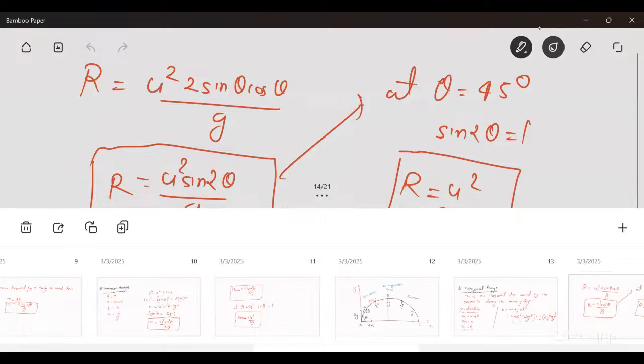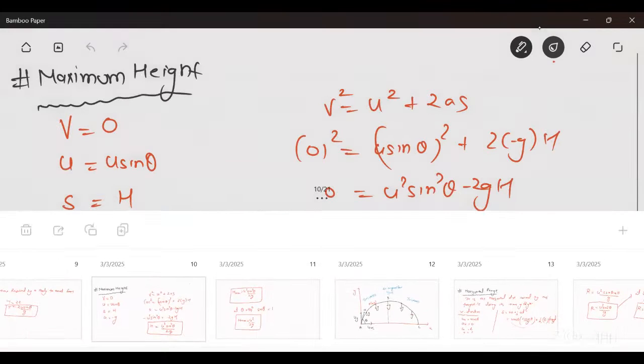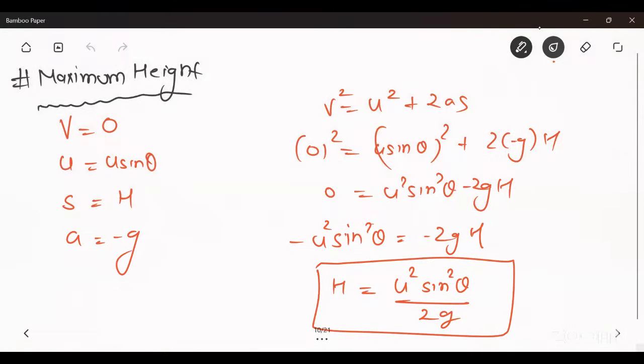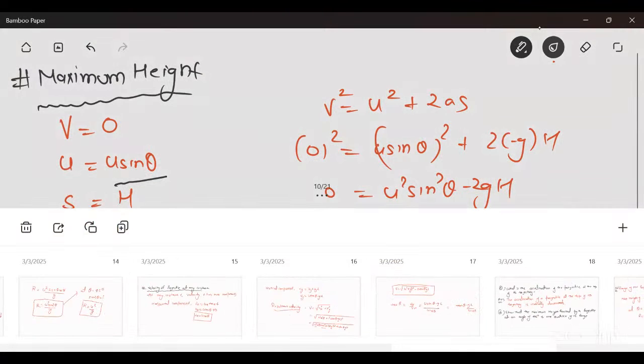And for the maximum height, we have taken the motion in the vertical direction, because the height is only due to its vertical component u sine theta. So we have taken v equal to 0 at the highest point, u is equal to u sine theta, s is equal to h and a is equal to minus g. On putting we will get h is equal to u square sine square theta by 2g.